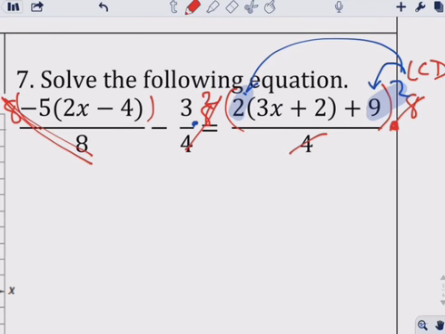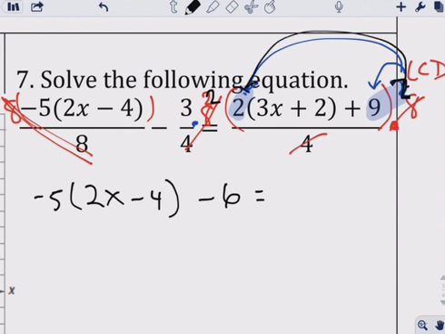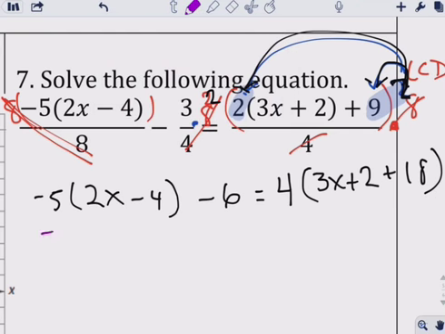That is a 2. So that gives us negative 5 parentheses 2x minus 4 minus the 2 times the 3, which is 6, equals, now, okay, this 2 here times this 2 gives it a 4. Everything inside stays the same. Okay, that gives us that.